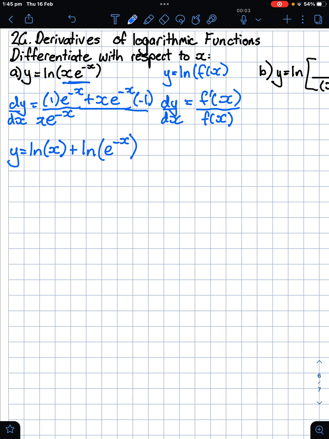Now I'll quickly change color so I can write the log law I've used. This is ln a plus ln b equals ln of a times b, which is the rule we've applied there. As personal preference, I like putting brackets around those.